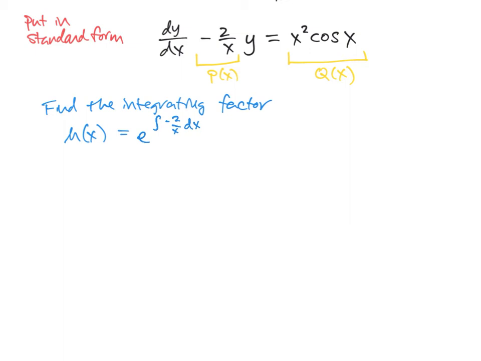Well, that's easy enough. So we have e to the negative 2 ln of x. And I'm going to do this really slowly for those of you who are still a bit freaked out by exponentials.